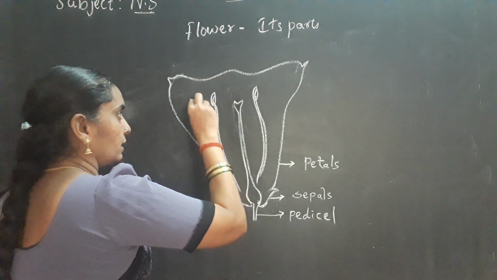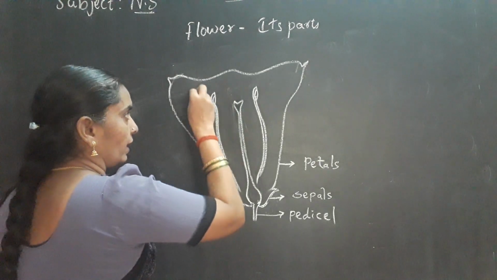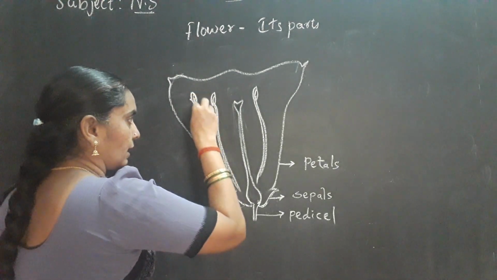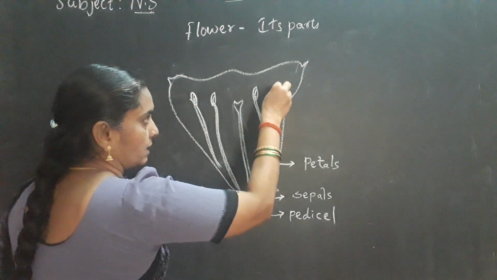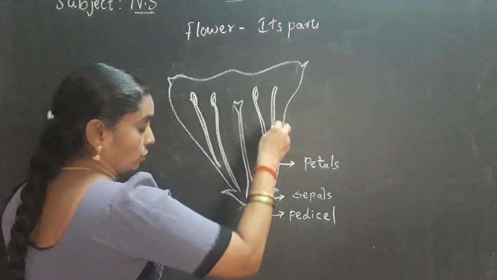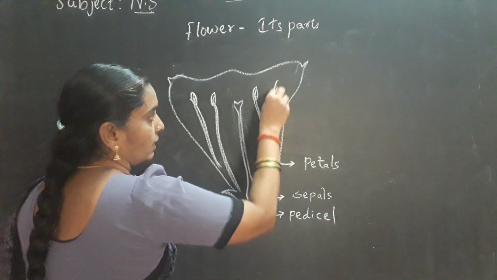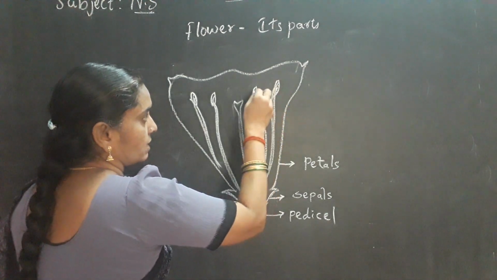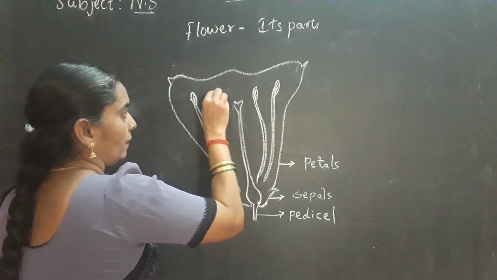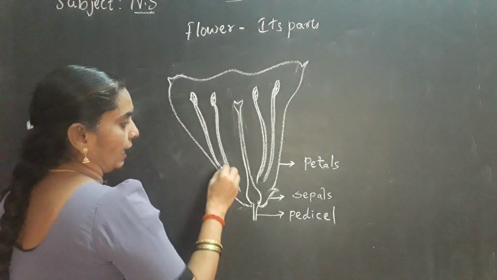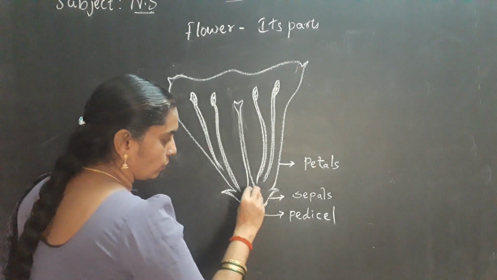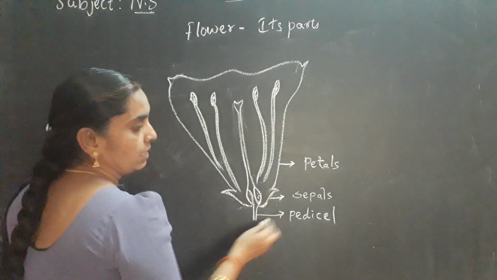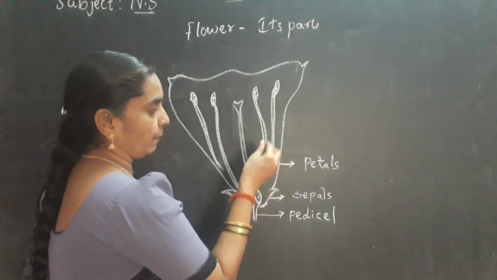I am drawing the datura flower, which is a complete flower which includes all 4 parts, that is calyx, corolla, androecium and gynoecium. So what are those parts? I'll tell you again. These are sepals, these are petals.